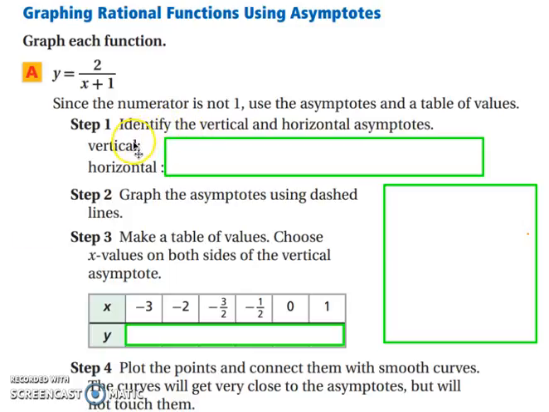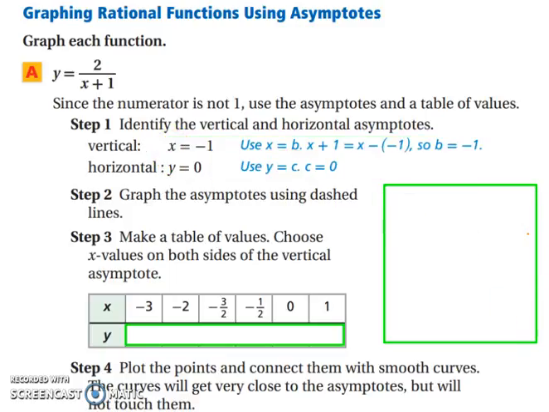So we want the vertical and the horizontal. So we're going to look at what's going to make our denominator 0 and what is our C value. So in this case, we have x equals -1 and y equals 2. You can draw these in with a dashed line. So one's going to be vertical and one's going to be horizontal.